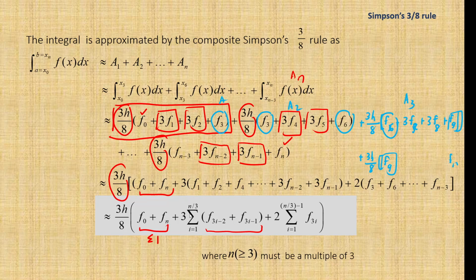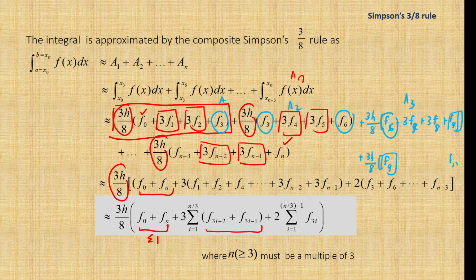In the second column, 3 times for f not a multiple of 3. The third column is where f is a multiple of 3, because f3, f3, 2 times. f6, f6 here. f9, f9 here. f12 with the next one, you have f9.